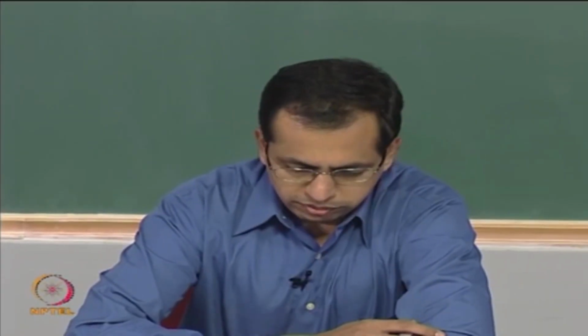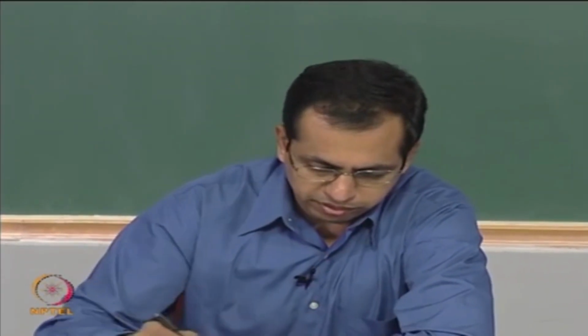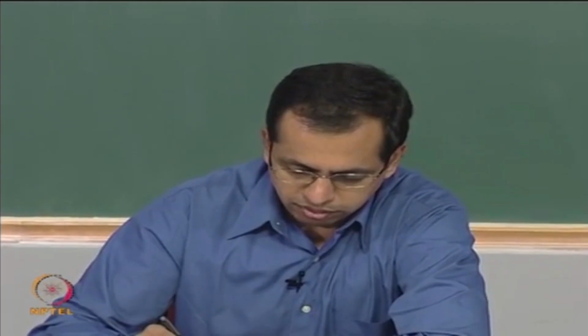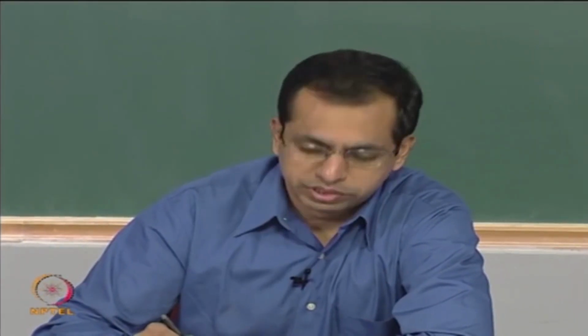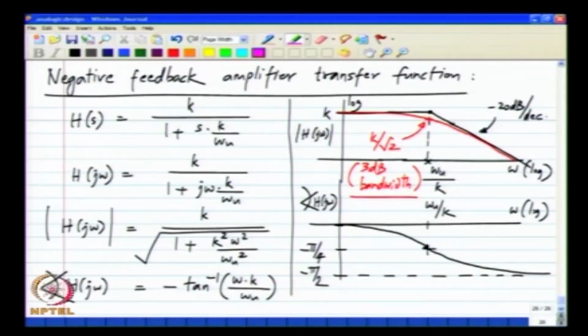Now, when you are drawing Bode plots, we usually do not make such distinctions between 0 dB and 3 dB attenuation, and we show it by straight lines which are asymptotic to it. So, in a Bode plot you do not necessarily have to show this 3 dB, but you have to recognize that at the pole frequency there is a 3 dB reduction in the gain compared to very low frequencies.